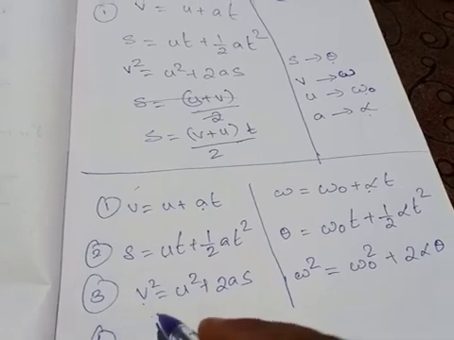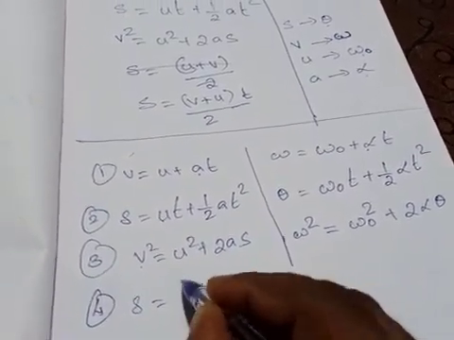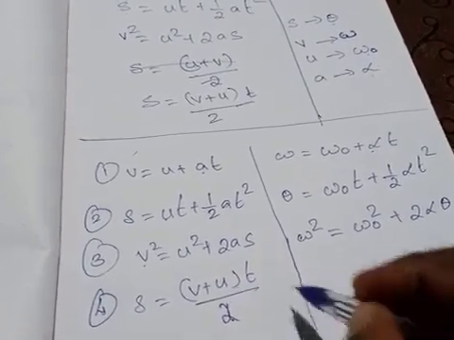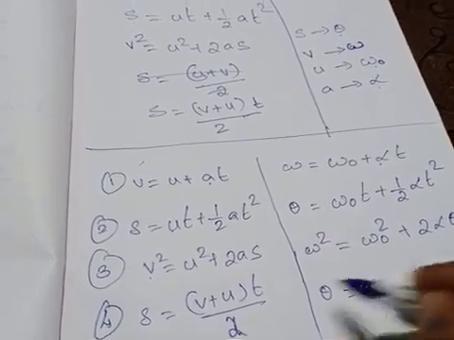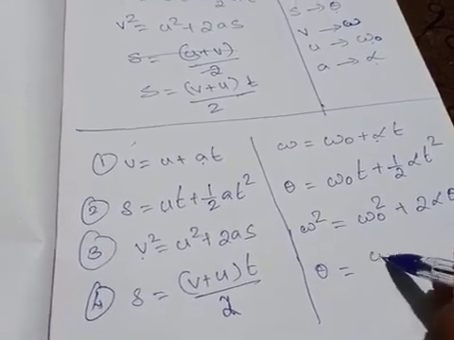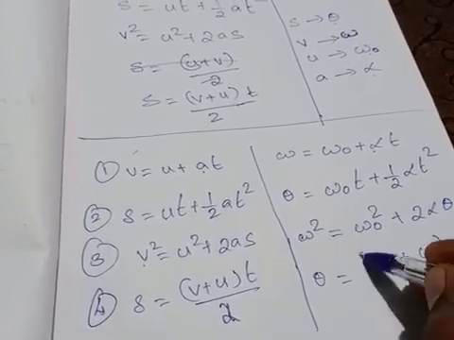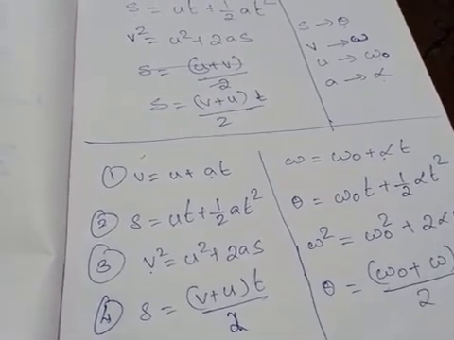And the fourth equation is S is equal to (V plus U) into T by 2, so theta equals (omega 0 plus omega) into t by 2.